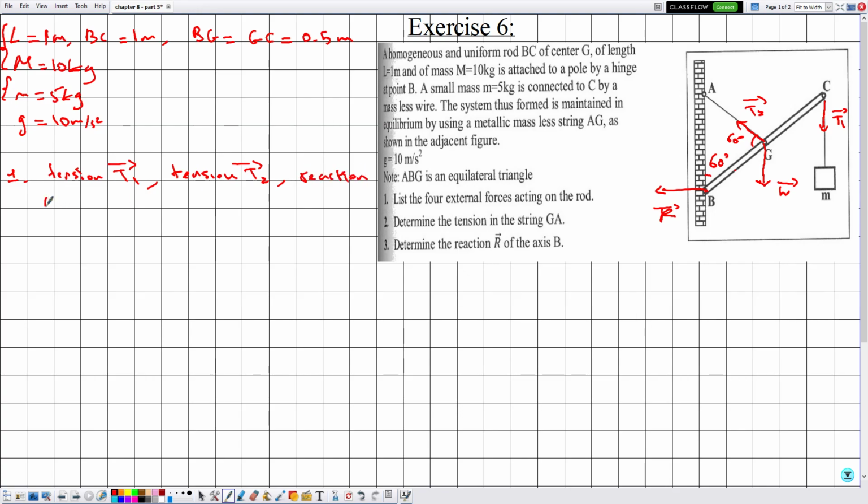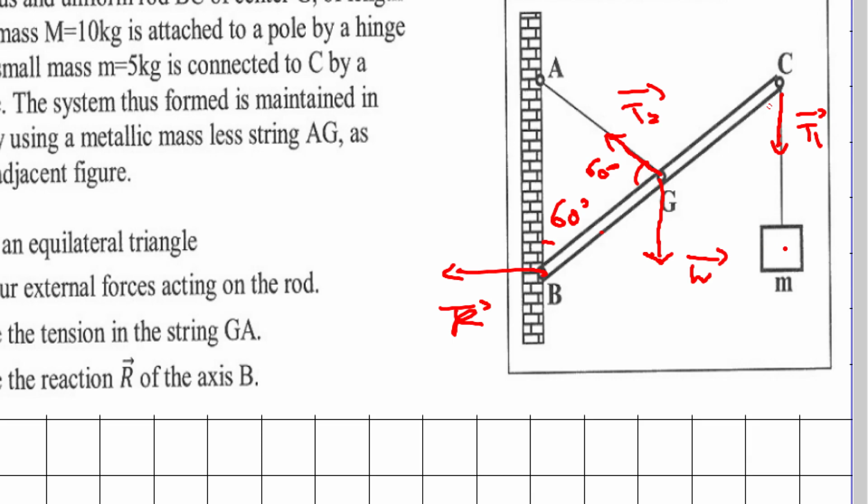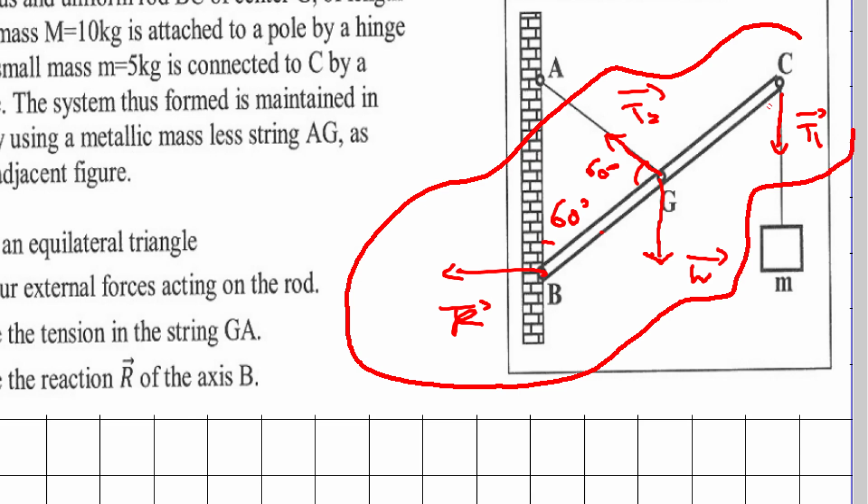Here I'm not specifying what each one represents because I have listed them on the figure: the tension T1 by this string, tension T2 by the metallic string, R at the hinge, and the weight W of the beam. Why didn't we consider the weight of this mass? Because it is already included in this tension. We cannot consider the weight and the tension both, because we can detach the system like this, and we consider only the forces acting on this system.